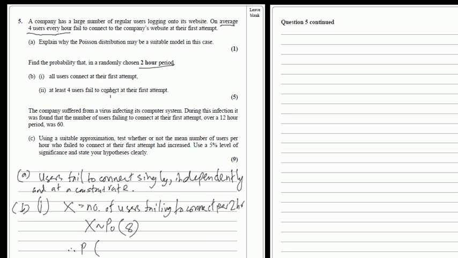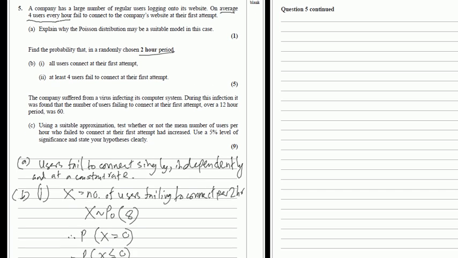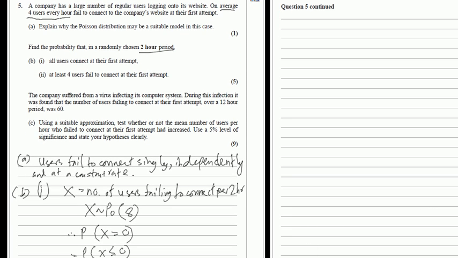So therefore probability, this is B1, numbering is very important. All the users connect. So how many fail? None. This means probability of X is equal to 0, which is 0.0003. Question number B2. At least 4 fail to connect.